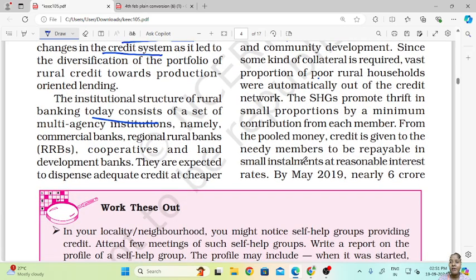Here self-help groups give loans in small proportion, because there is a minimum contribution from each member. Whatever amount they have collected, from that amount they give the loan. The credit is given to the needy members, and it can be repaid in small installments at a reasonable interest rate.